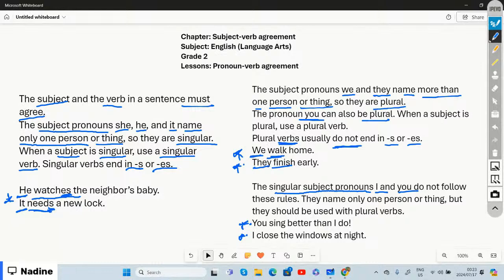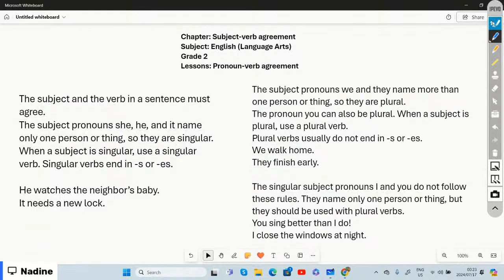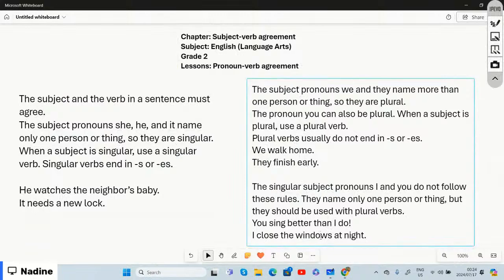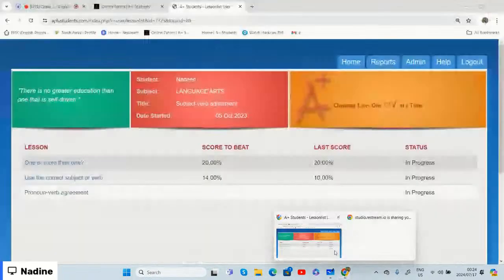And that is a singular subject pronoun, which is I and you. All right. So now we're going to aplusstudents.ca and we're going to continue with our chapter on subject verb agreement as well as our lesson, which is pronoun verb agreement.